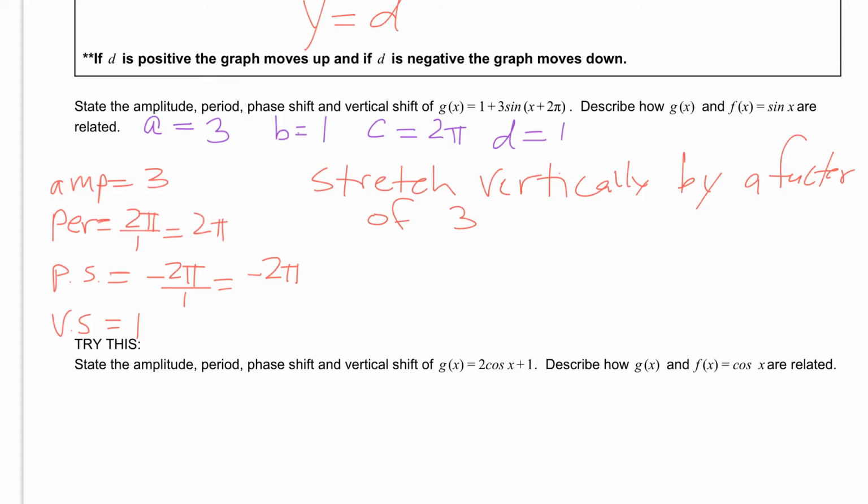Our period is still 2 pi, which is the original period of our graph, so that hasn't changed. Our phase shift is negative 2 pi, so that tells us that we will be going to the left by 2 pi. And our vertical shift of a positive 1 tells us that we will move our graph up 1.